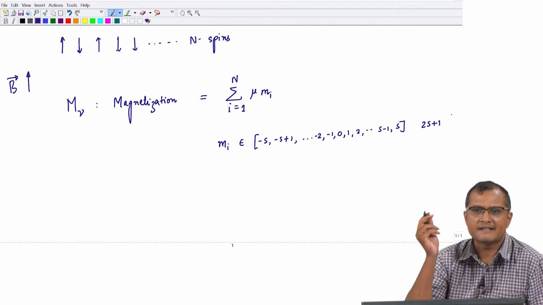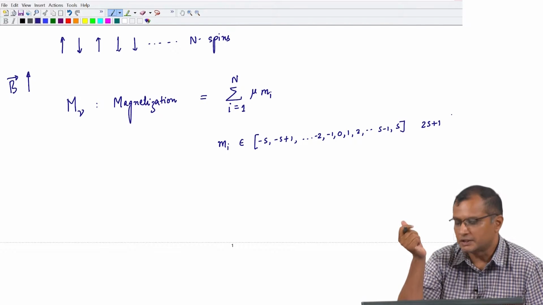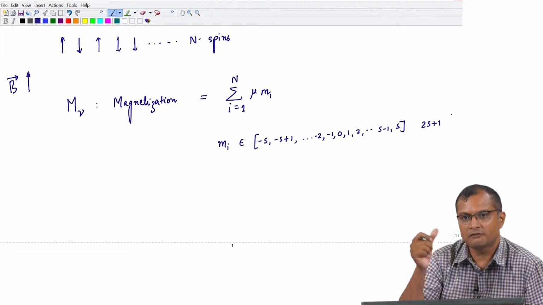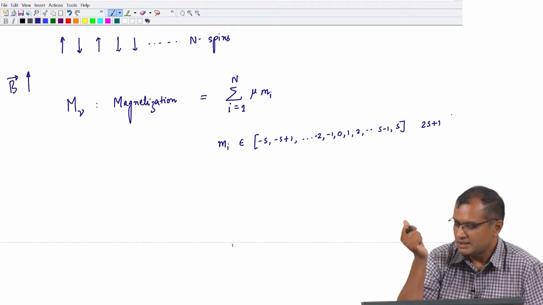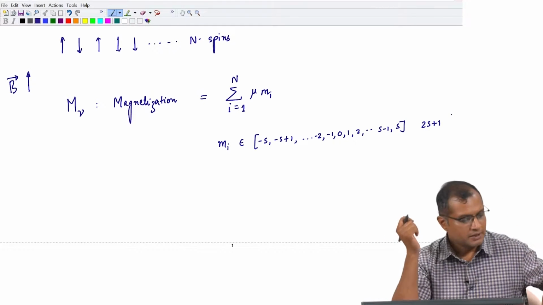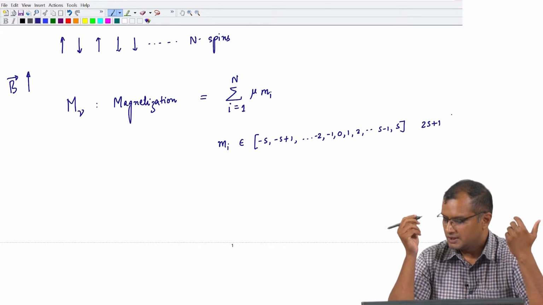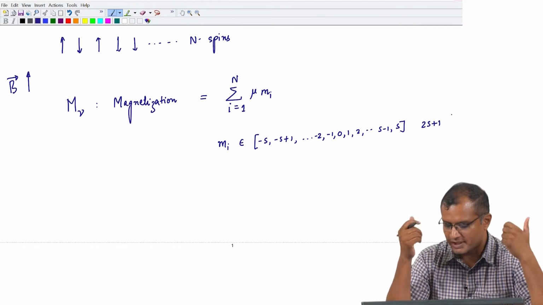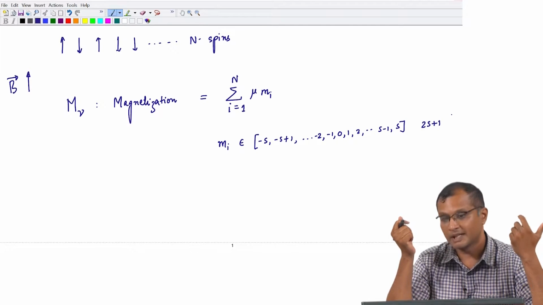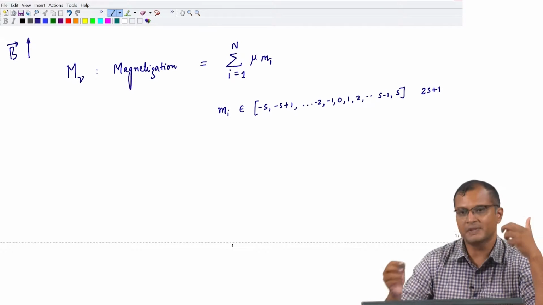So, this is not s equal to half or spin half system where you can only take up minus 1 and plus 1 for the mi's. Here s could be 3 by 2, 5 by 2 or any large number, and this essentially gives your excitation values of minus s to plus s. Okay. So, it is not restricted to spin half system.